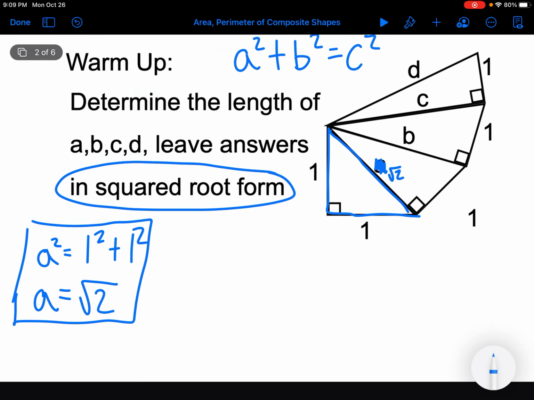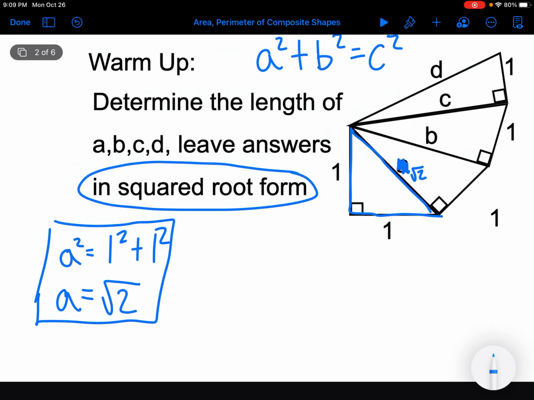So b squared equals root 2 squared plus 1 squared. Now, root 2 squared is actually just going to be equal to 2 again. So this is really 2 plus 1, so b is equal to the square root of 3.